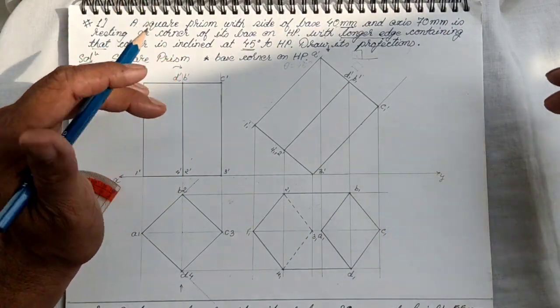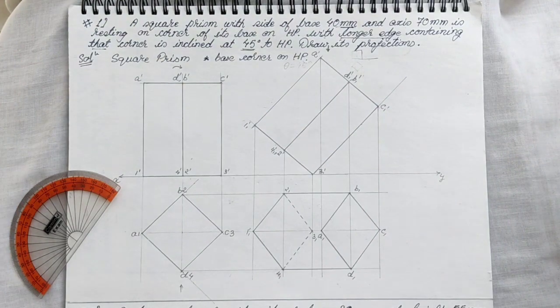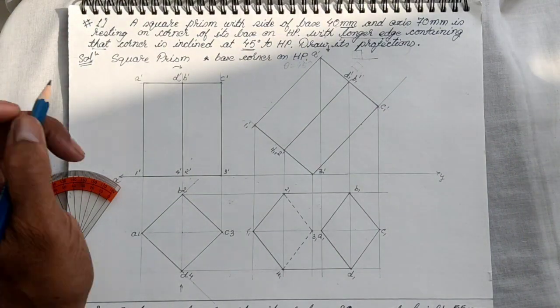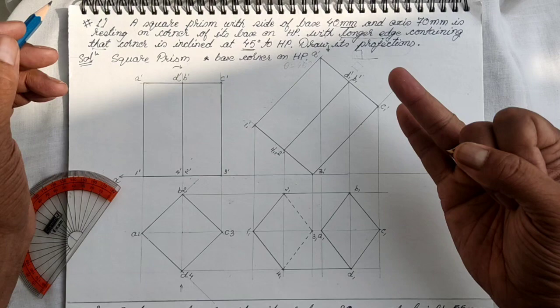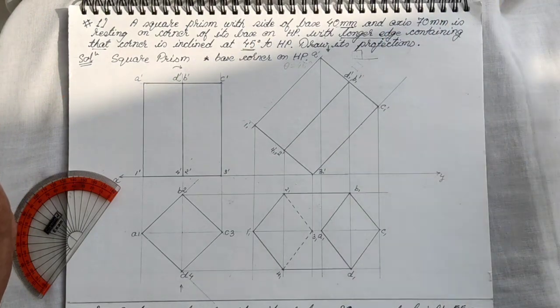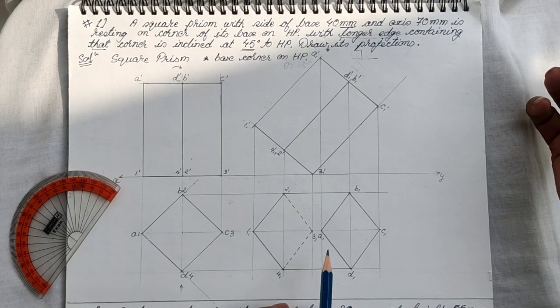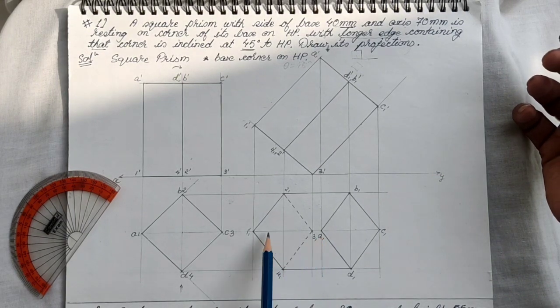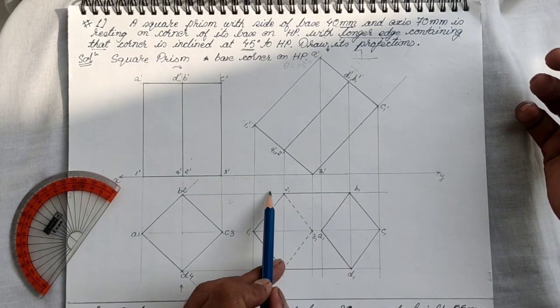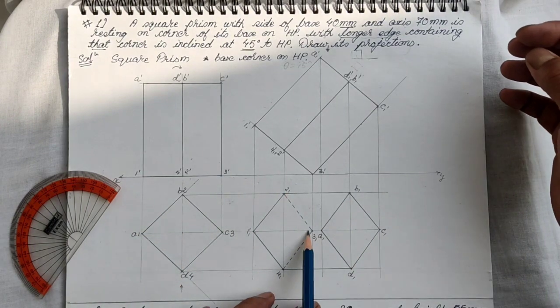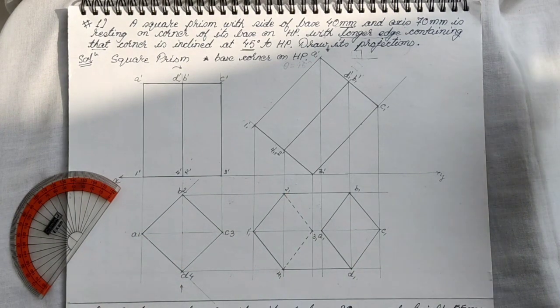Now the third step is to draw the face edges. So face edges are A1, B2, C3, D4. So we'll check what face edges are already drawn. So A1 is not drawn, B2 is taken care of, C3 is not drawn, and D4 is taken care of in the first step. So let us start with A1.